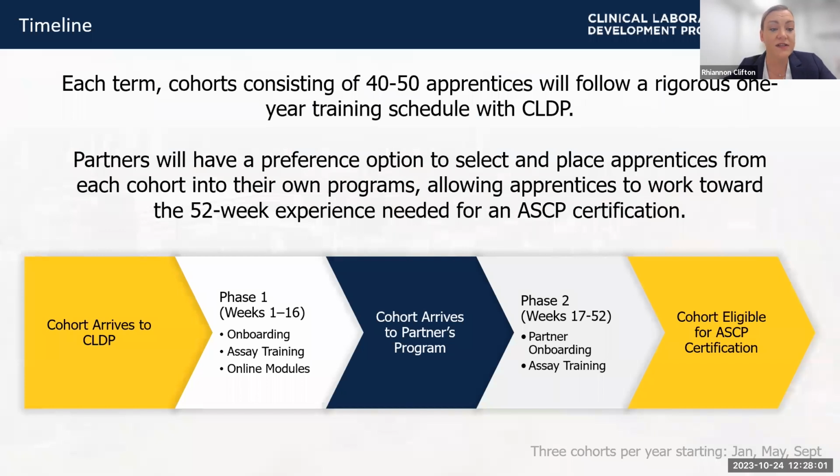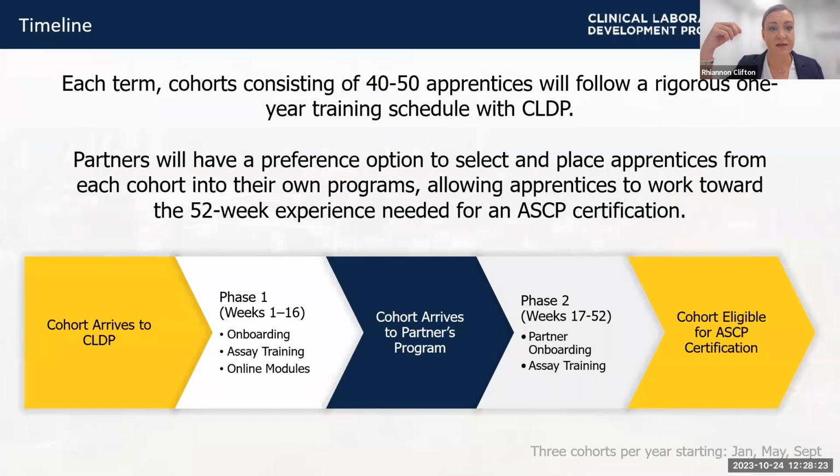So the way that it works is they come to us for weeks 1 to 16, where they'll get those foundations. Then they will be placed with agreement of our partner lab and the apprentices at our partner lab facilities, where they might come in as a laboratory assistant, a non-certified technologist.